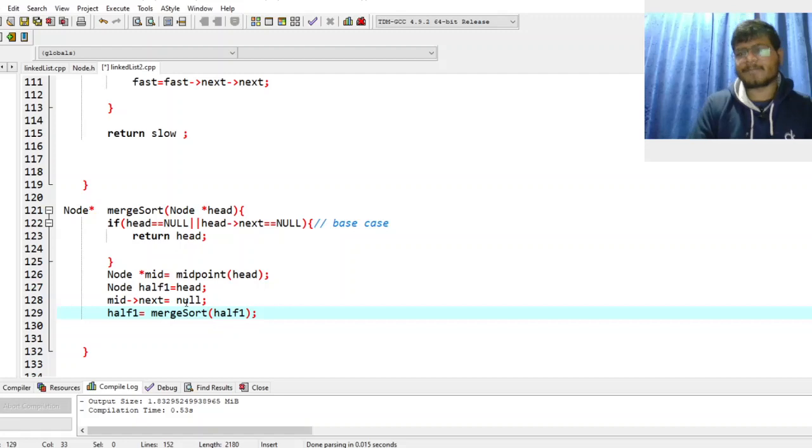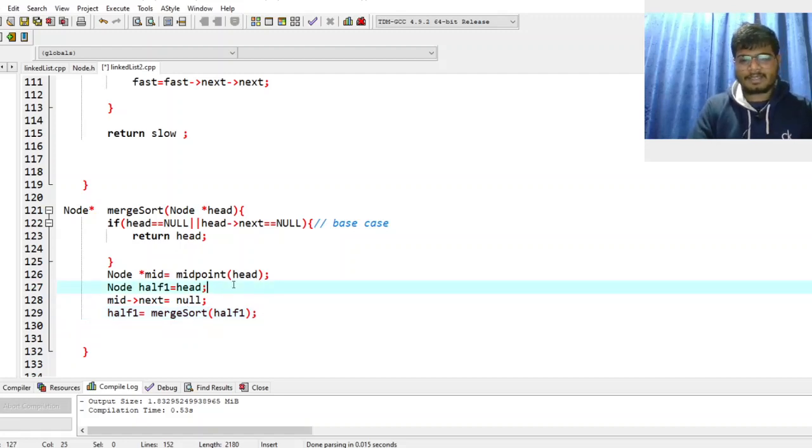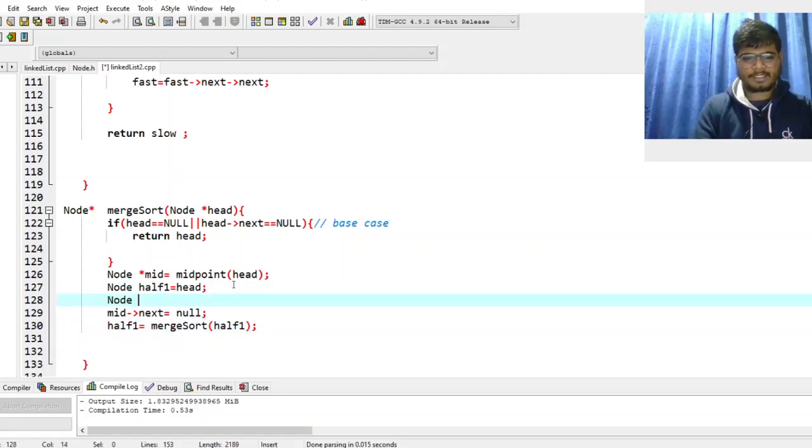Now there's a small problem. I need even half 2, right? What is the half 2 part? This half 2 part is actually from mid's next to null.